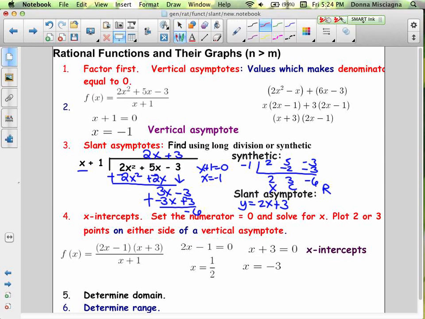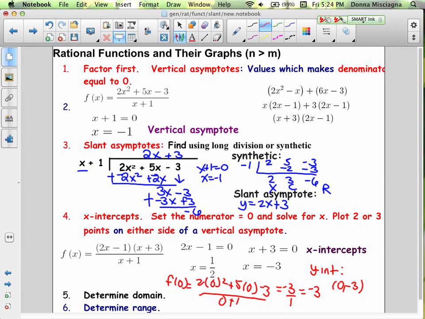So f of 0 is, I bet you can see what the y-intercept is going to be. 2 times 0 squared plus 5 times 0 minus 3, over 0 plus 1. The only thing that's going to be left is the negative 3 and the 1. So that is negative 3. So we have a y-intercept at 0, negative 3.